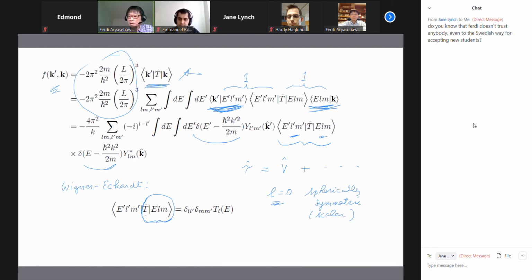So 0 plus L, well, then you just get L. So there's only one possible state. You have this usual formula for the total L. Because L1 is equal to 0 and the other is equal to L, there's only one. So that implies that this matrix element is 0 unless L prime is equal to L and M prime is equal to M.